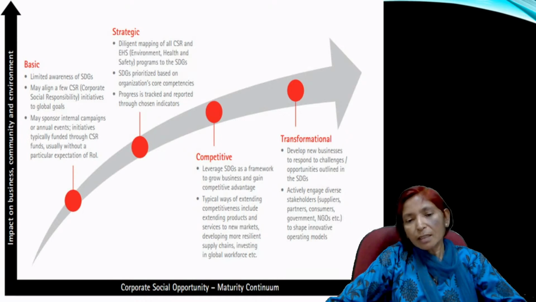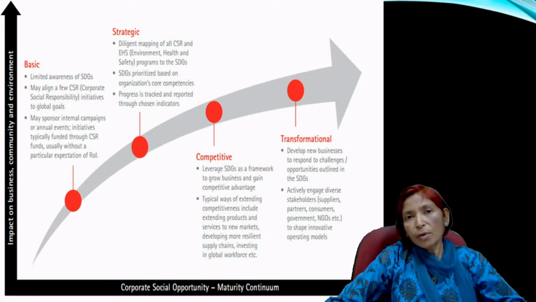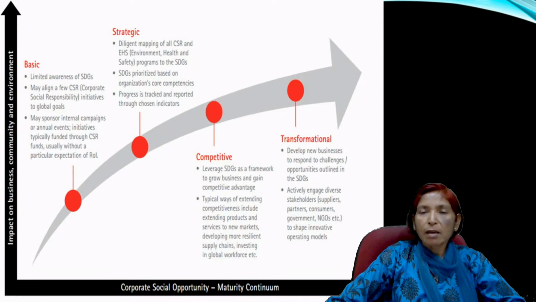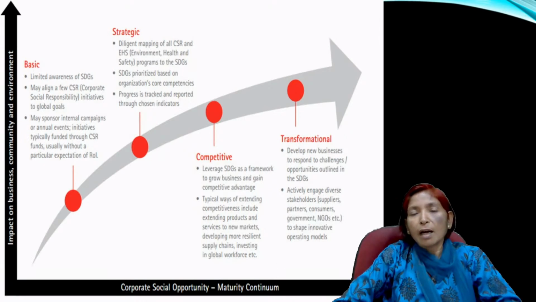Typical ways of extending this competitiveness include extending products and services to new markets, developing more resilient supply chains, investing in a global workforce, etc. And transformational means that changes are coming.